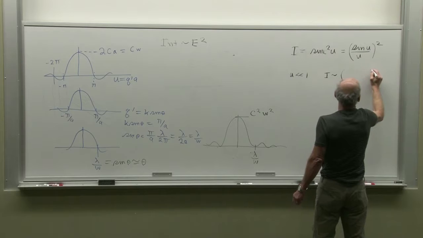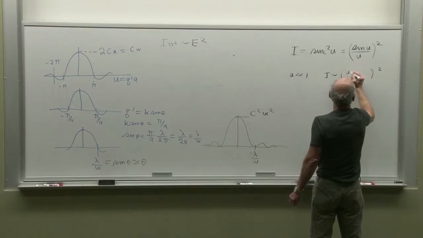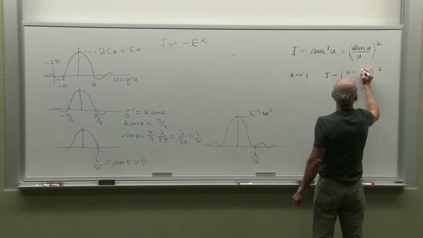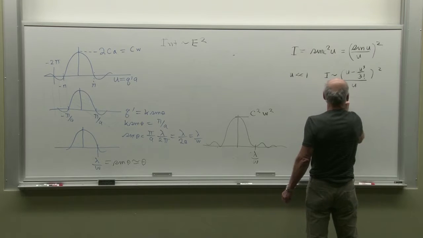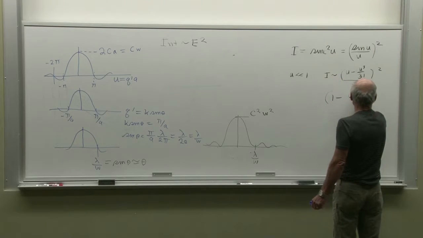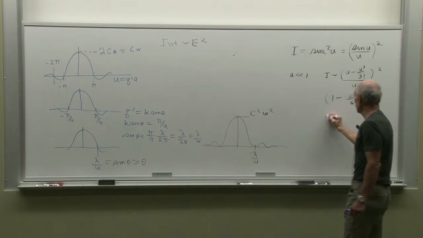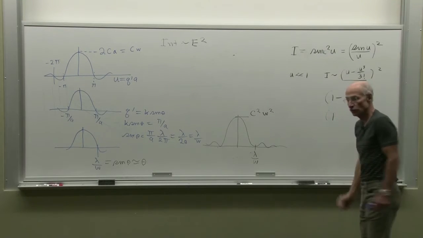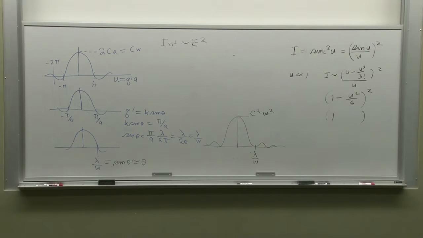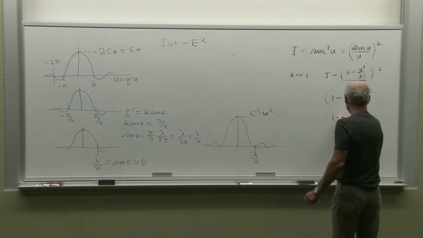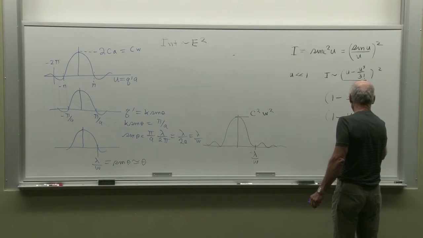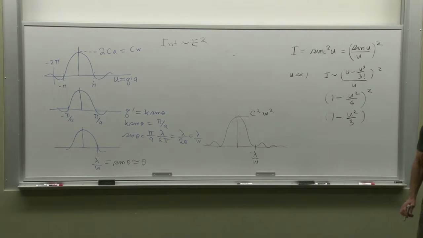Intensity would go as the square of 1 minus u squared over 6, correct? And when you square it, what's that going to be? You know your binomial theorem? I'm not sure what they teach engineers these days. 1 minus u squared over 3. So that's kind of an interesting result.